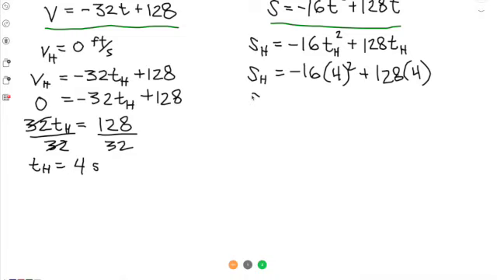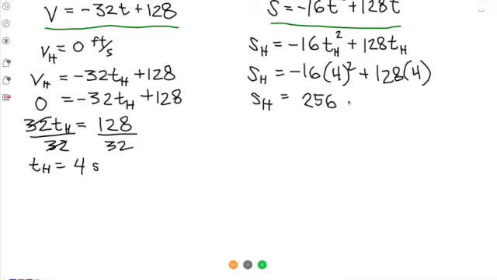So the answer is negative 256 plus 512, which gives us 256.